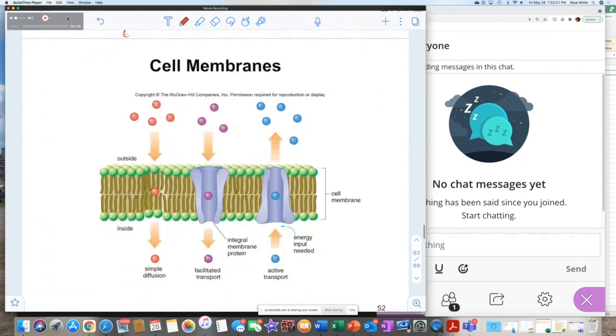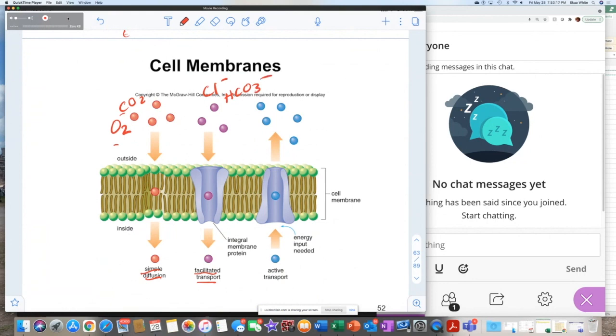So here we're seeing different transports across the cell membrane, okay? First one here, this would be like your CO2, O2, and I'm so glad. I mean, this isn't a personal thing, but it's good that CO2 and O2 travel through your cell membrane easily, right? Without a lot of help, without any help at all, right? Simple diffusion. Then you have the facilitated transport, such as the chloride and the bicarbonate ion.